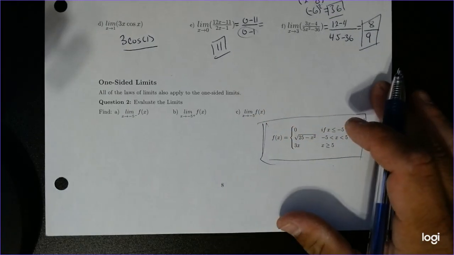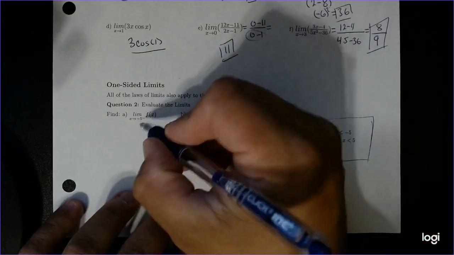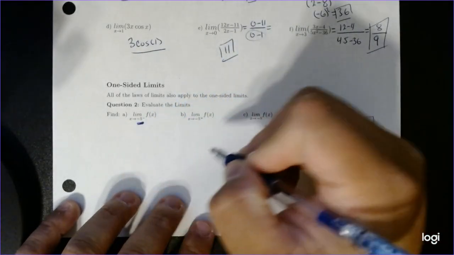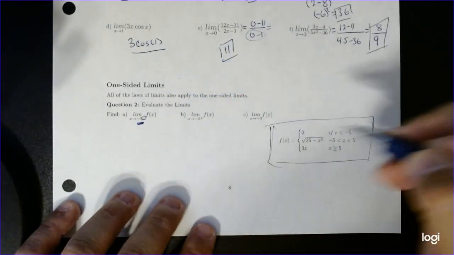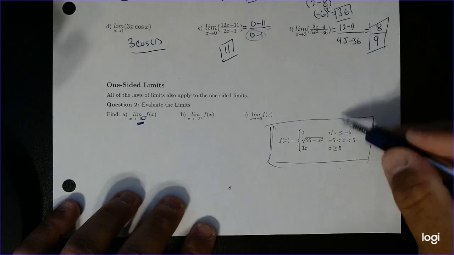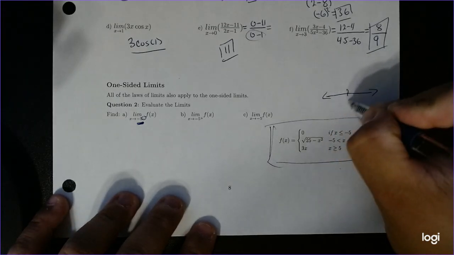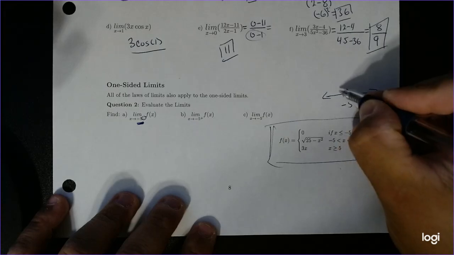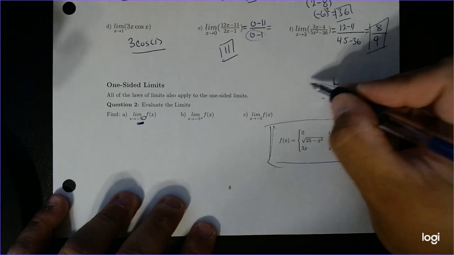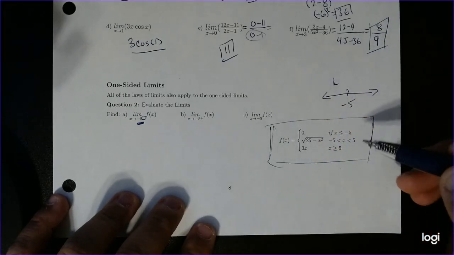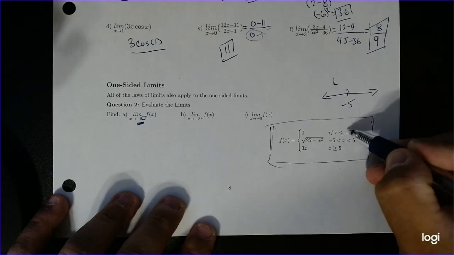So in this case, we want to find as x approaches -5 on the left-hand side. So all I go over here is, well, what are the left-hand side of -5? Again, it's a straight number line. Numbers on the left of -5 are -6, -7, and those values only hold for the first one, right?